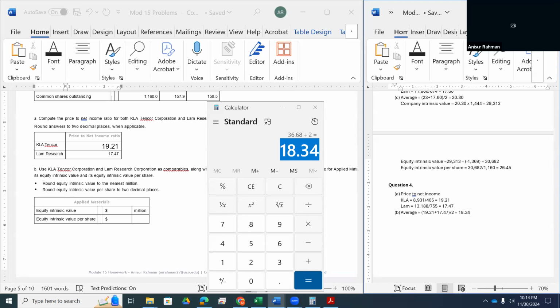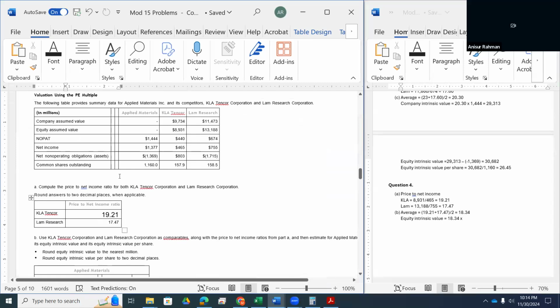So our total equity intrinsic value will be 18.34 multiplied by total net income.